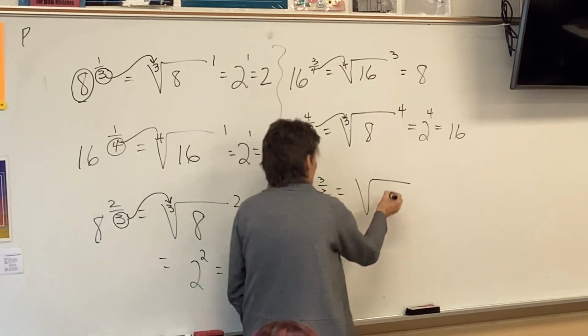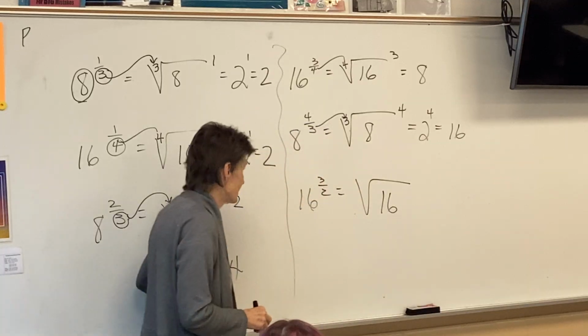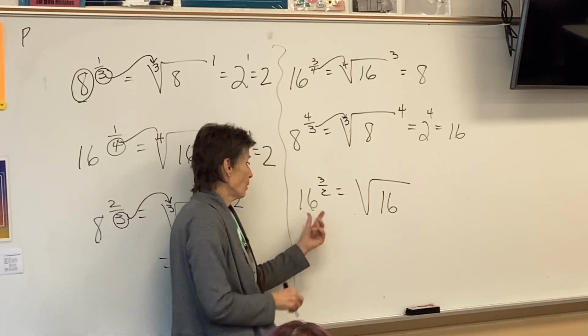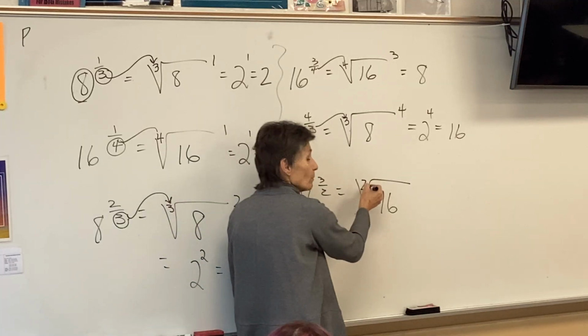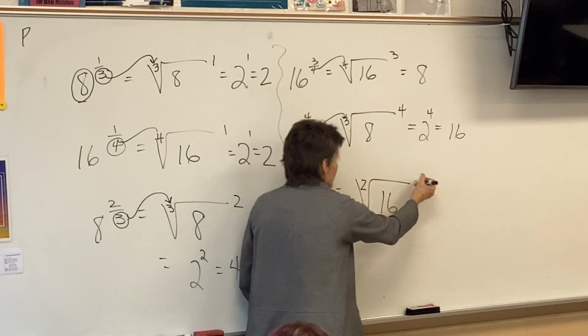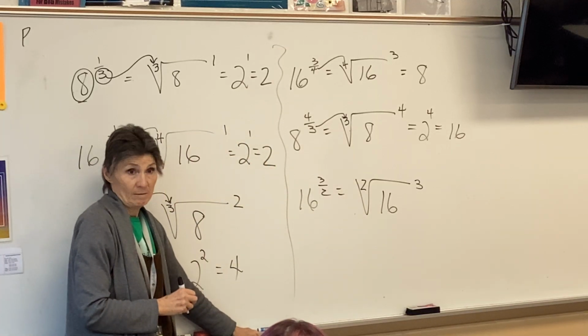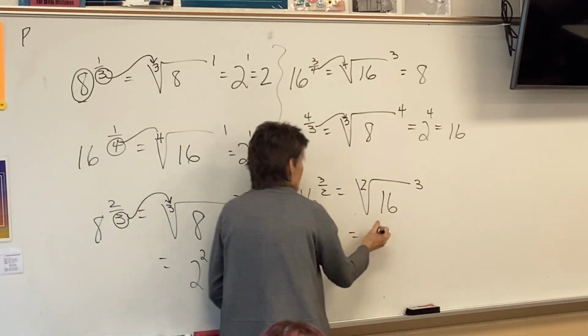All right, the next one is 16 under here. This number is always under the radical. What root is this? Square root. And I'm cubing it. Square root of 16 is 4. But I need to cube that.